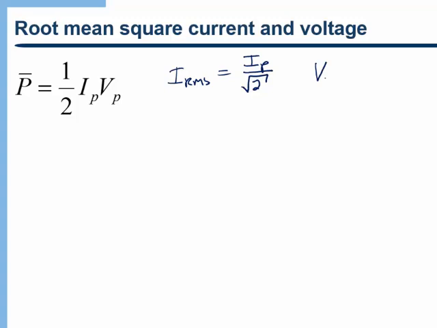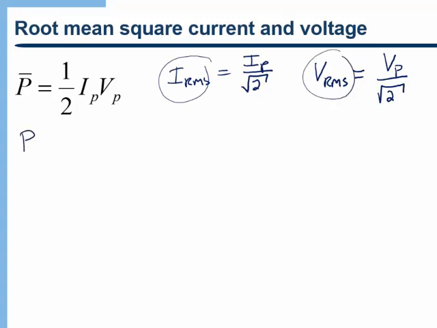And the RMS voltage is the peak voltage divided by the square root of 2. So what I want to show you is that if we define the current and the voltage in this way, then the average power is just equal to I_RMS times V_RMS.